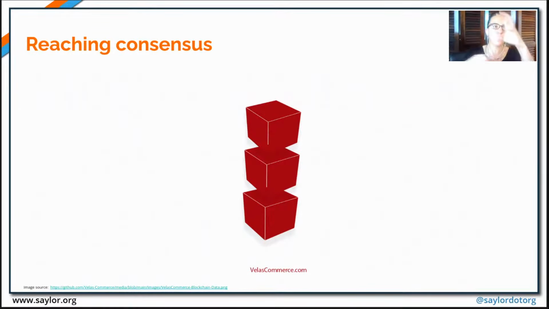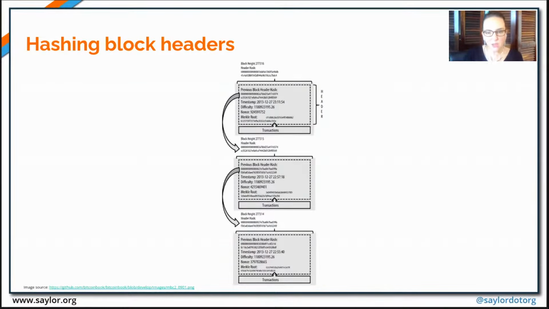You couldn't move them around and reorder them because changing any tiny little bit of data in this block header would produce a completely different hash. So all of these blocks are tied together because each new block references the hash of the previous block.